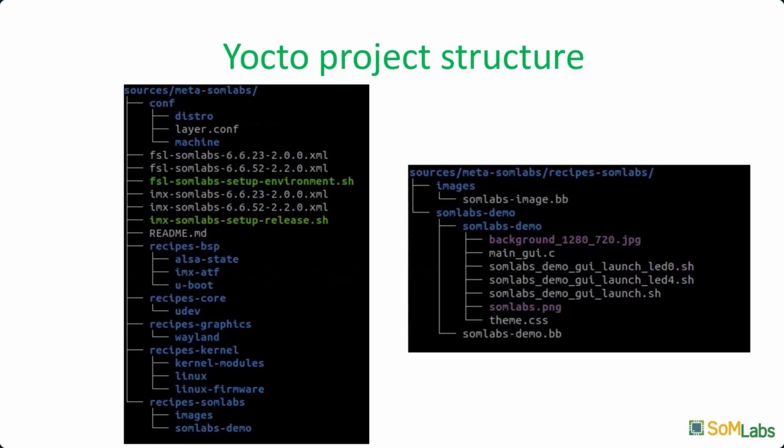We have also a distro directory with distribution definitions, because each distribution that we create from the Yocto project has its own configuration files with the description of how this distribution should be created and what should be included in our image.